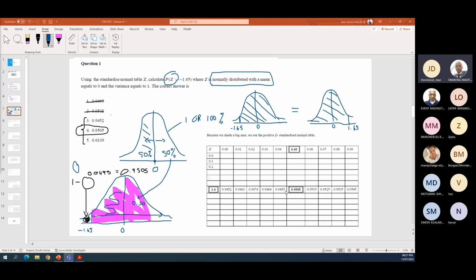What's also important as we go through this is to identify which method is the easiest for you to look at. If what I've done here is easier for you to remember and to do consistently, do it like that.